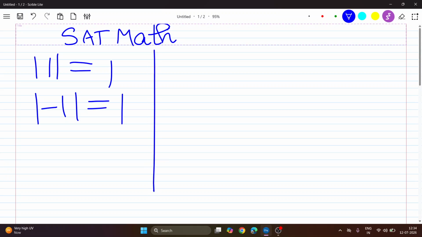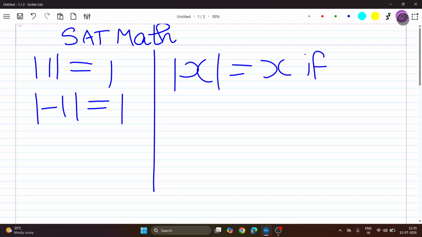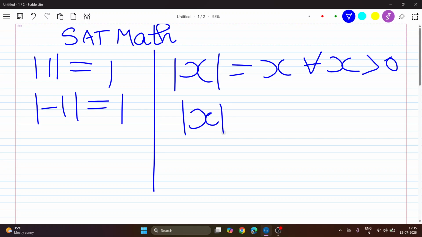So from here we can say that mod of x equals x for all positive values of x, okay? And mod of x equals minus x for all negative values of x, okay? So if x is equal to minus 1, mod x is 1, and 1 is equal to minus of minus 1, right? So that's how you do it.